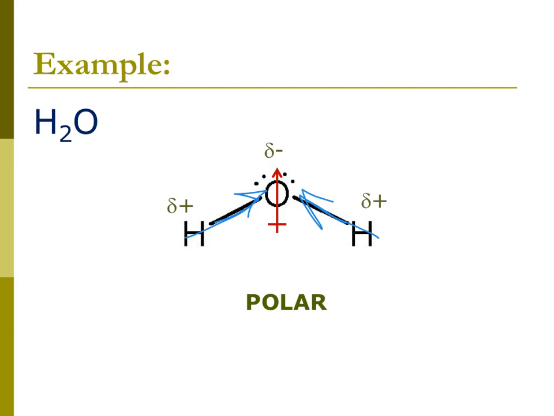We now know this would be way less than 109 degrees, or actually 104 degrees. So since that is at an angle that does not cancel, the entire molecule is polar. And so you get this upward polarity going basically towards the lone pairs, making the oxygen the most electronegative part of this polar molecule.